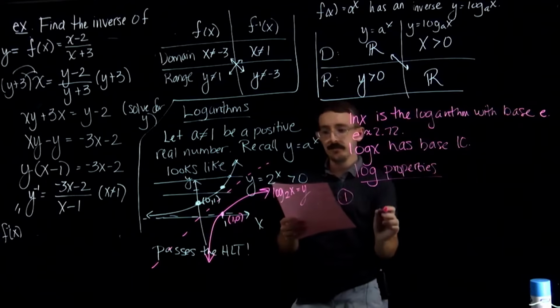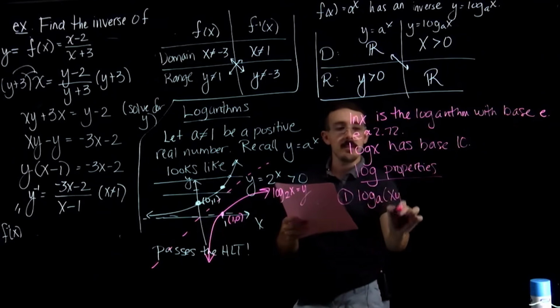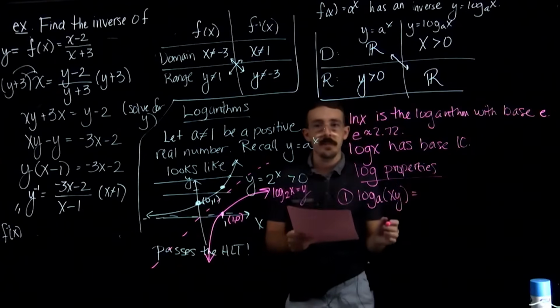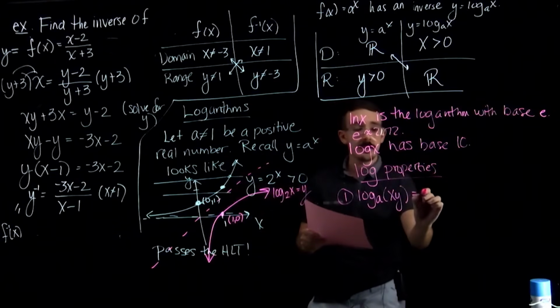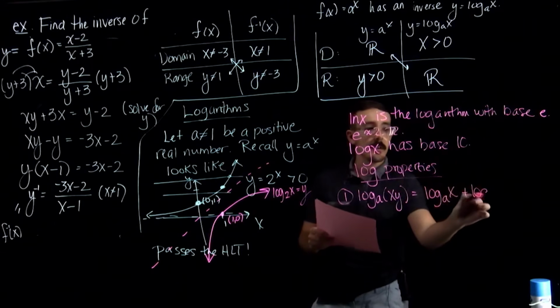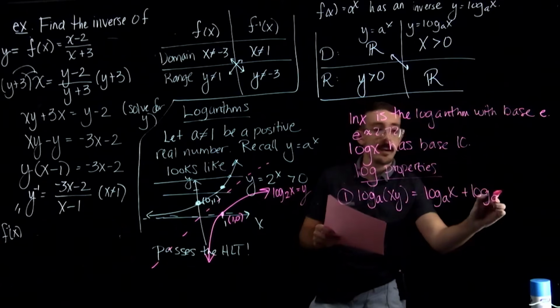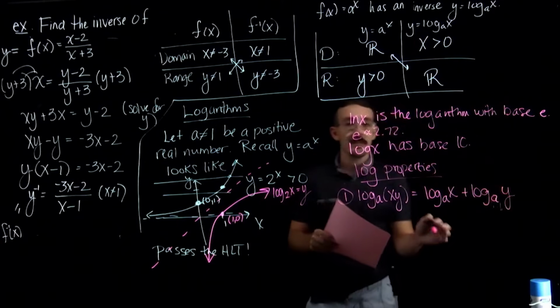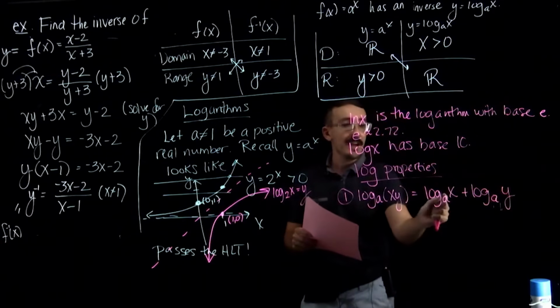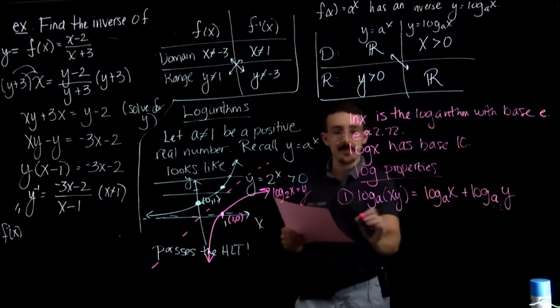So the first one is that log base a of any product is the sum of the logs. So log base a of x plus log base a of y. So you keep the same base, and you can split the multiplication into 2 logs like that.